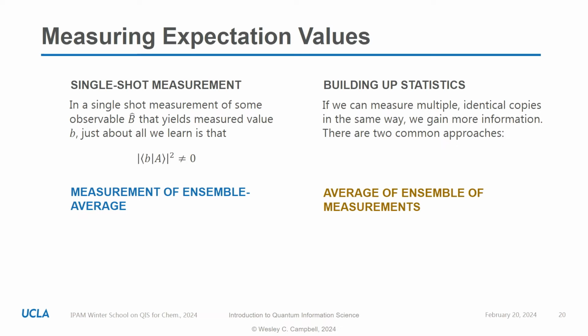So if I have, for instance, a lot of copies of the system available, I'm going to measure the average of all of those outcomes. The other possibility, which sounds the same at first, is a little bit different. We are going to measure each individual copy and then take the average of the whole thing.